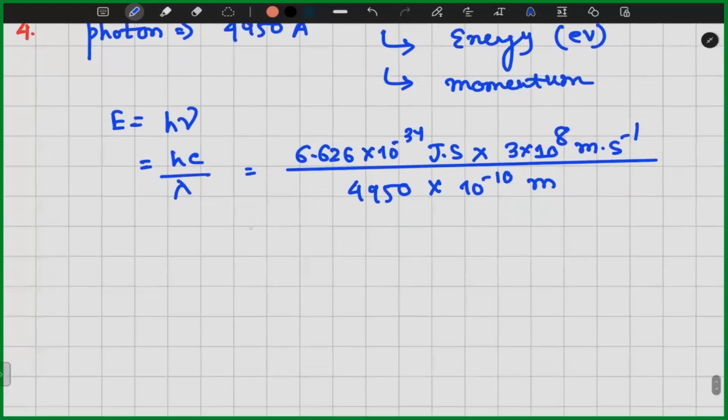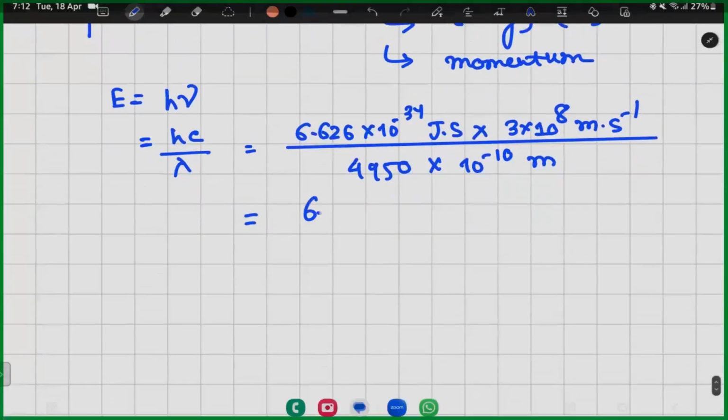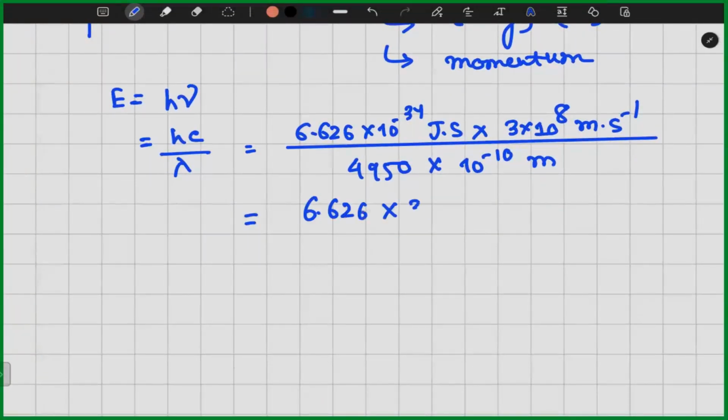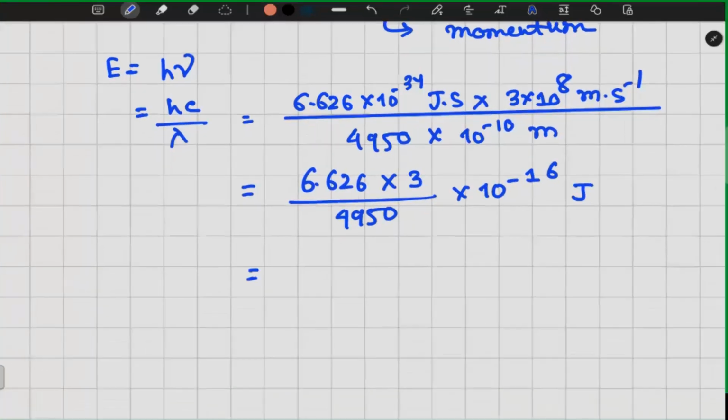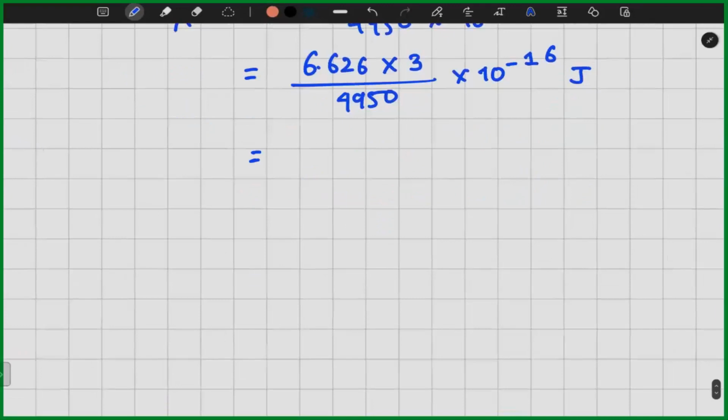So it will be 6.626 into 3 into 10 to the power 18, that means 16 joule. What was the value? 6.626 into 3 divided by 4950. So it is 0.00401 into 10 to the power minus 16.